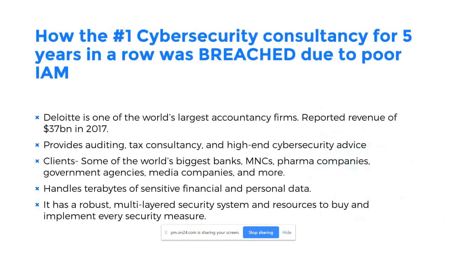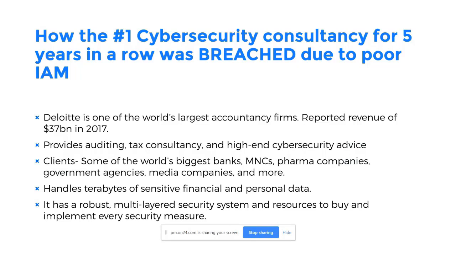So this is not just for organizations in multiple industries. We're talking about Deloitte, a cybersecurity consultancy. They've been number one in cybersecurity consultancy for a very long time. They do a lot of other consulting, but when it comes to cybersecurity, they're really good. They had a massive cybersecurity breach a couple of years ago. And why did this happen? Not because they did not have a SIEM solution or a best-in-class security solution.